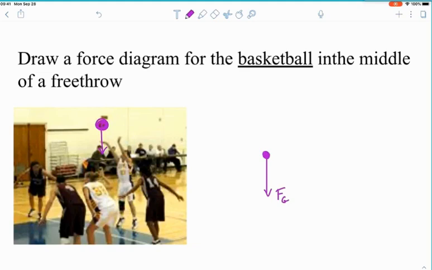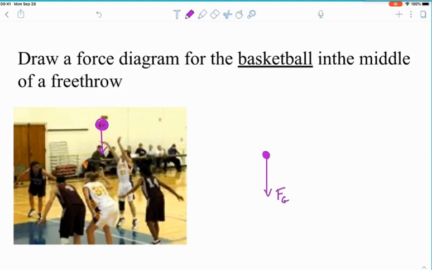There is nothing currently pushing or pulling on this ball in any other direction. It will be moving because it has inertia. So it was moving when she threw it. It's going to keep moving until some force exerts on it and makes it stop. But until that point, it's going to just have gravitational force, and that's it.